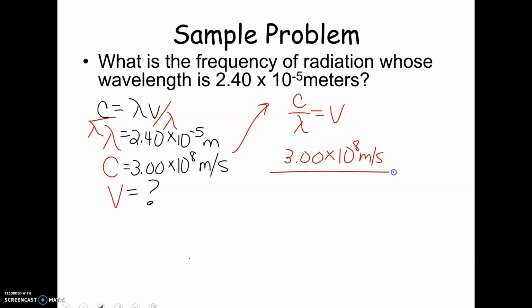Now notice I'm going to divide by my wavelength, which is 2.40 times 10 to the negative 5th meters. Notice what's going to happen here. My meters is going to cancel. And then when I divide this out, my answer is going to be in seconds to the negative 1. Or per second, or we could also write it as hertz, because that's the same thing.